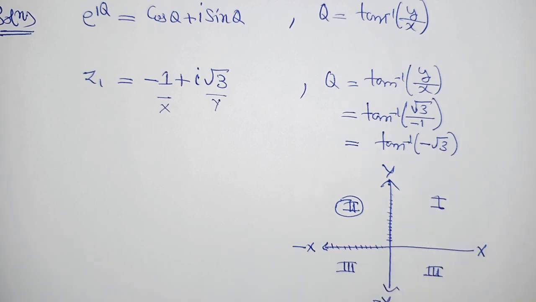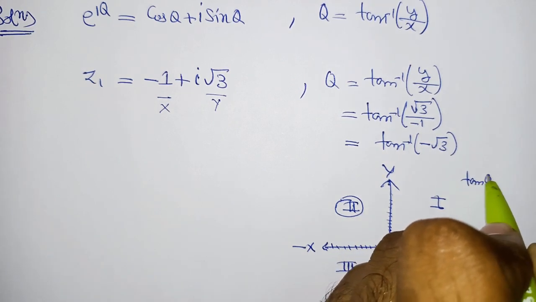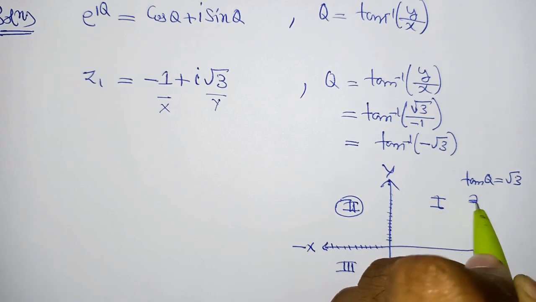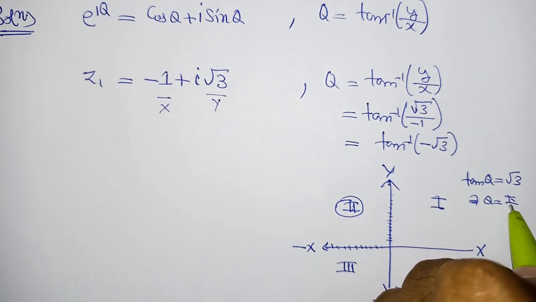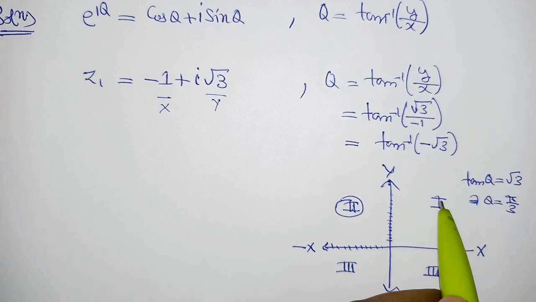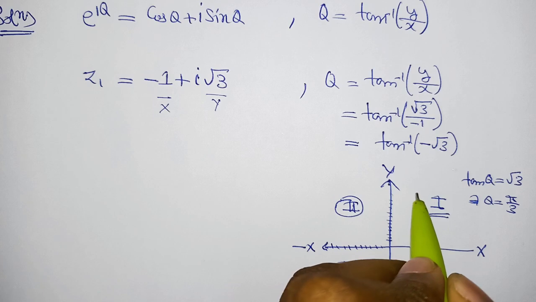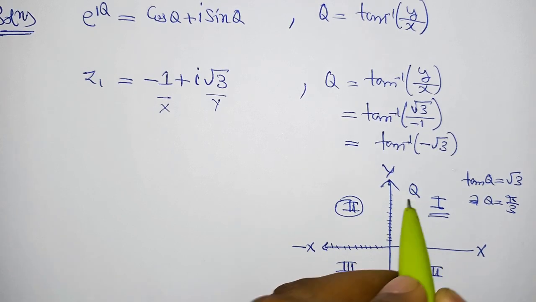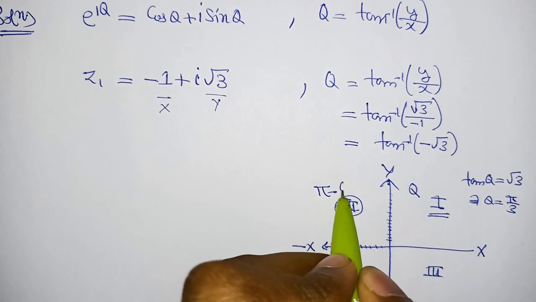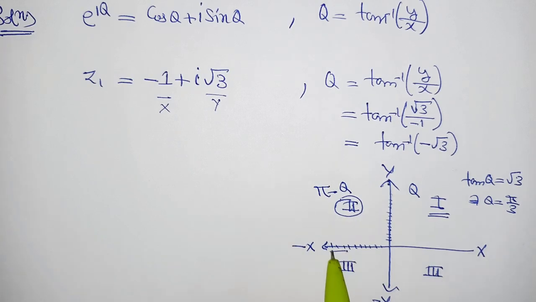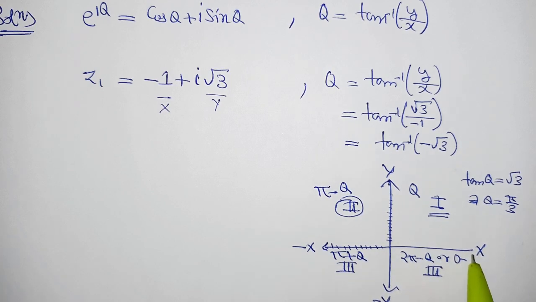Here we have tan inverse of minus root 3. We know that tan theta equal to root 3 implies theta equal to pi by 3, but pi by 3 belongs to the first quadrant, while according to the given components the angle must be in the second quadrant. How to get the second quadrant? Suppose we have theta in the first quadrant, then it can be represented in the second quadrant by pi minus theta, in the third quadrant by pi plus theta, and in the fourth quadrant by 2 pi minus theta or 0 minus theta.